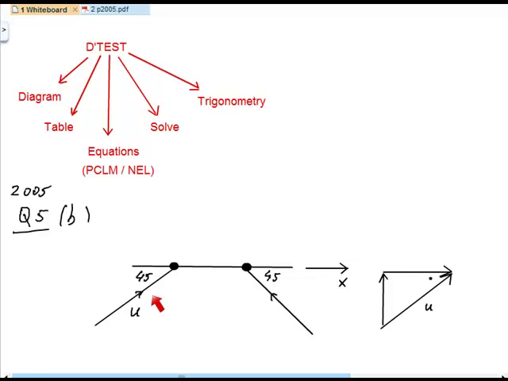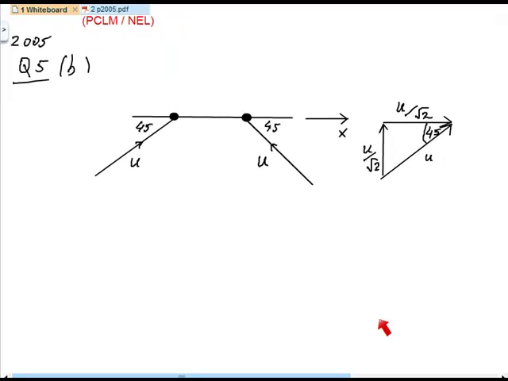That's u, and that's 45. Well, this must be u cos 45, or u over root 2. And this is u sin 45, also u over root 2. And by symmetry, the other one will have the same lengths on the sides, u over root 2. So that's our first step, done the diagram.